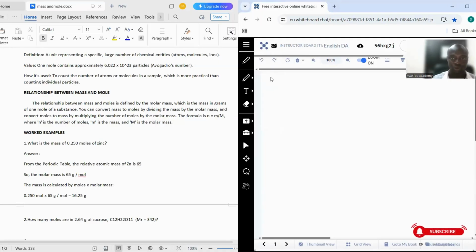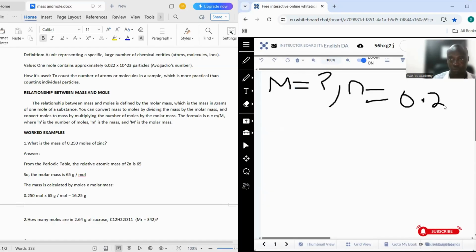Now, mass is the unknown parameter we are interested in solving for. So mass is unknown, small letter m, and we denote that with a question mark, indicating that it's unknown. Then mole was given as 0.250 mole, which is the same thing as 0.25.